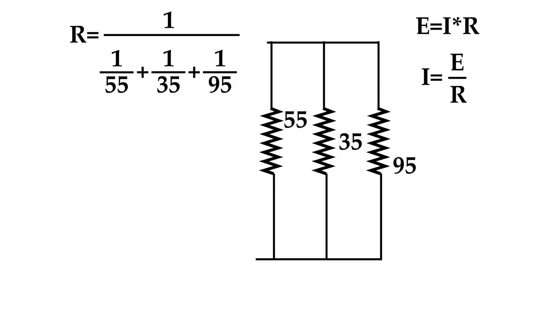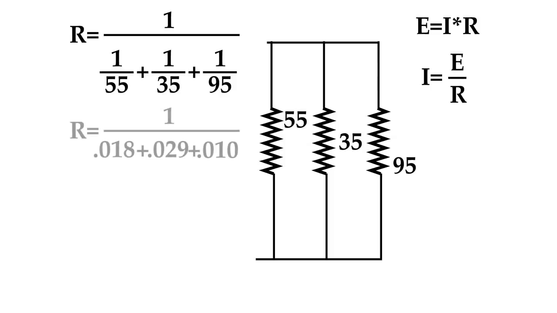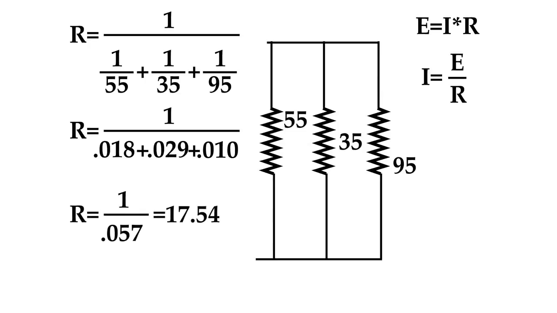We've got 1 over 55 plus 1 over 35 plus 1 over 95, and solving for this we end up with a total resistance of 17.54 ohms.